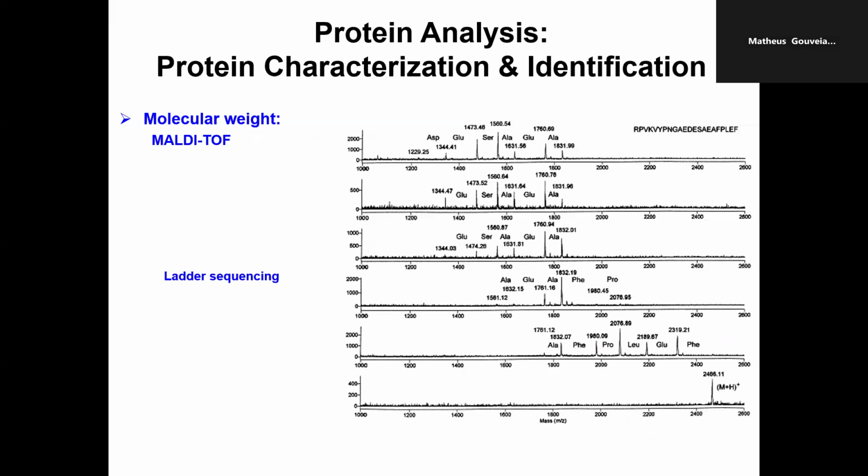So if the first one is 1229, and the next one is 1344, the mass difference is as follows. Then you break the next one off, and you see that the next one is 1473. The difference is glutamic acid. So that's the ladder: one step at a time, one amino acid.